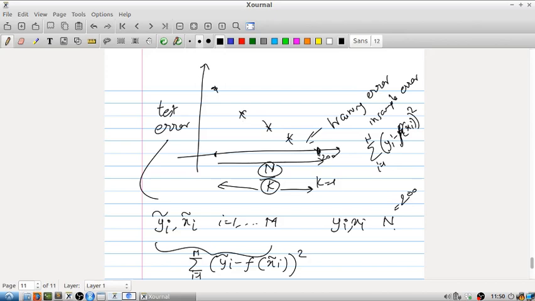Now there's this test error that I can also compute, which looks like it's going down, and then again it's going up. Some U-shaped thing. Okay, so it looks like when you pick k to be really small, you will have almost zero error for the data points that you have used to build your KNN classifier, but your test error is really high.